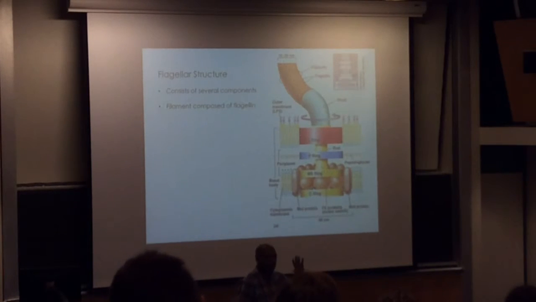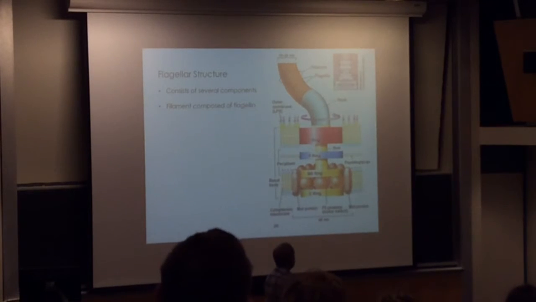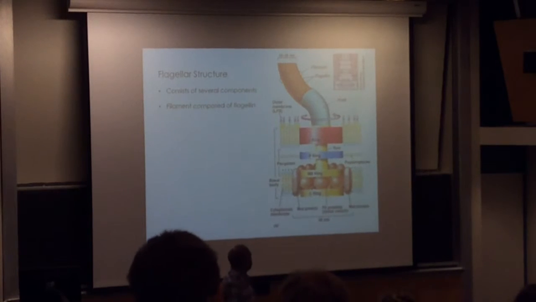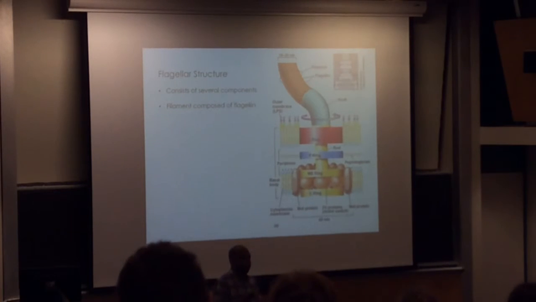But for this class, as long as you know these four rings and which layers of the cell wall and cell membrane they are associated with, that's all we need. So four rings keep the flagellum in place, connected through a hook to the filament, which propels the bacteria. You understood this, right?